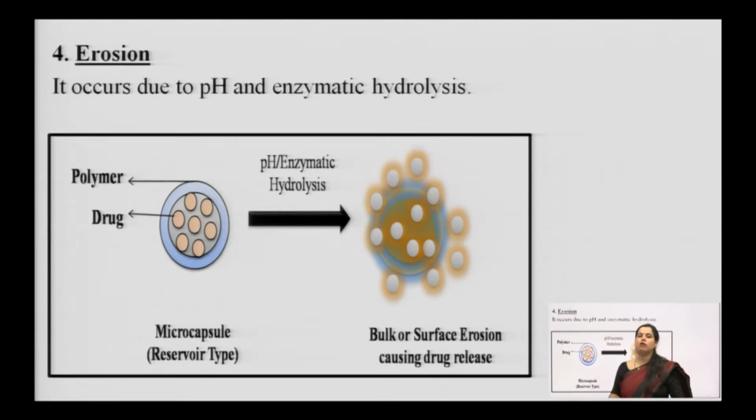It is activated only in the case of pH or enzymatic attack, if the drug is not compatible. When we administer the drug in the body, the body thinks that the drug is foreign material. So all the enzymes and the pH also play an important role in drug administration. So this is one of the mechanisms.